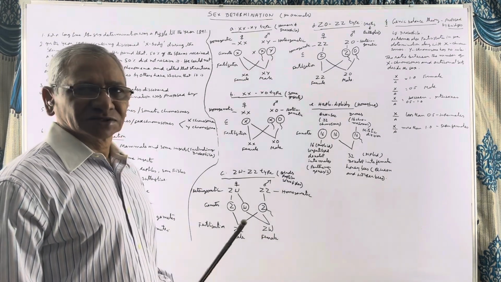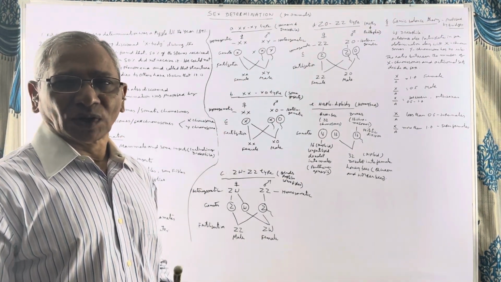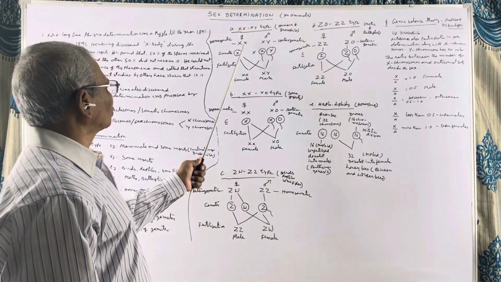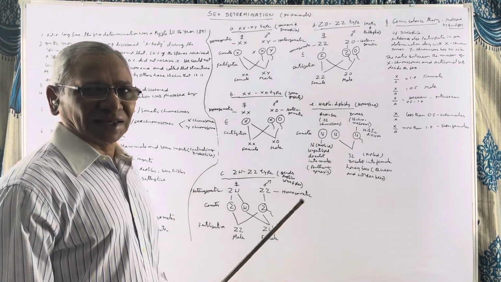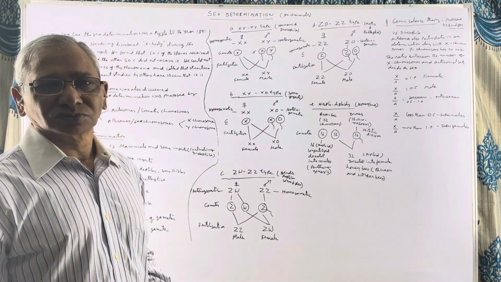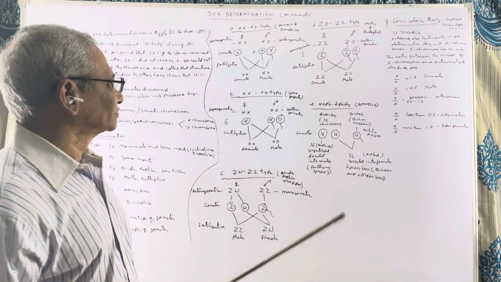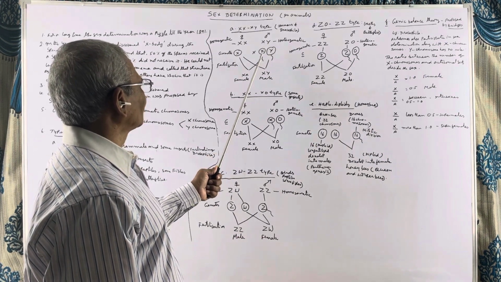In human beings, females have two X chromosomes. Males have one X and one Y chromosome. So, females produce only one type of gamete, and that carries the X chromosome. So, females are homogametic.